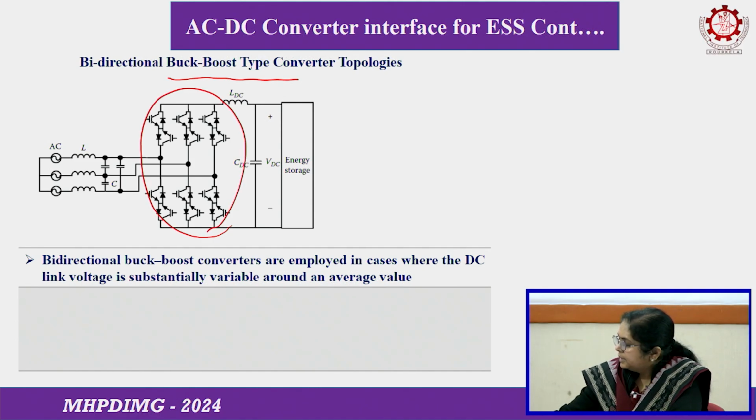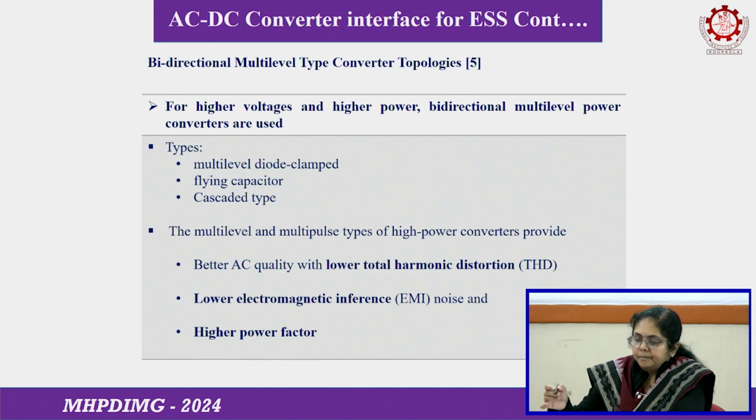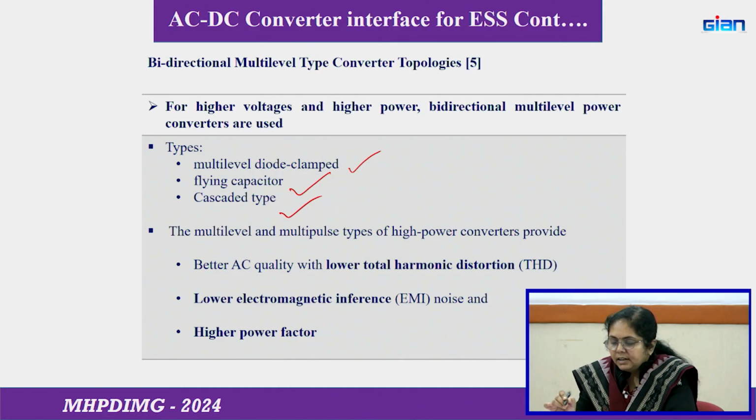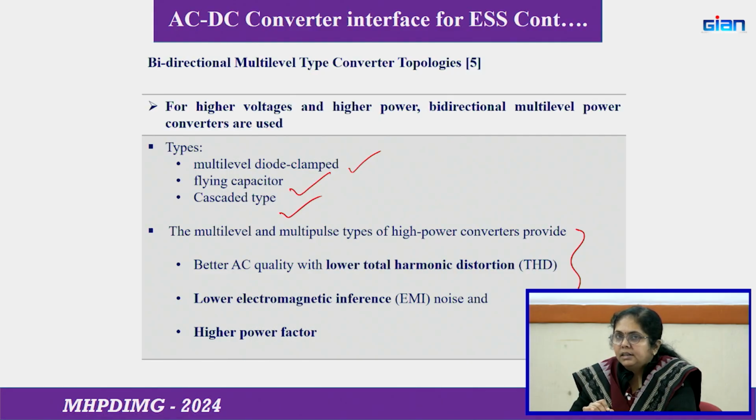The fourth one is the multi-level type, where we have different topologies, again multi-level diode clamp, flying capacitor and cascaded, and obviously you know the advantages of multi-level topologies, why and when we go for multi-level operation.